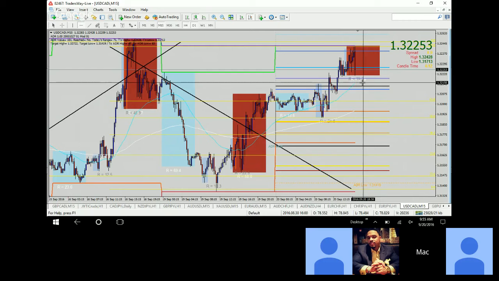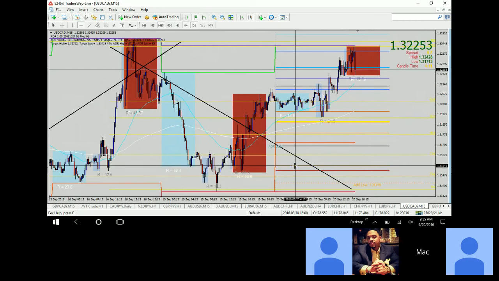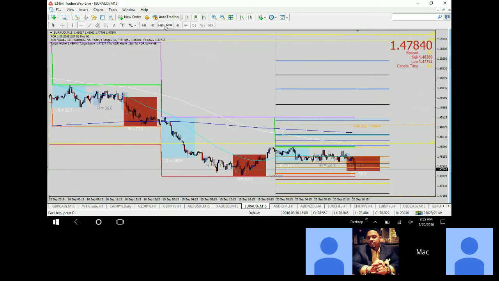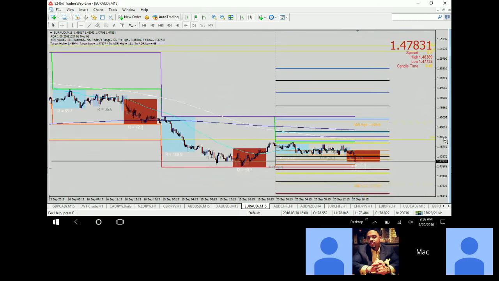Let's look at Euro AUD one more time and see if we get a pullback. If we get a pullback, we could get in. 1.4783. All right, what we got here? 1.4768. All right, you know what?